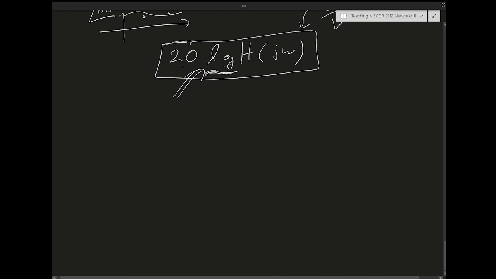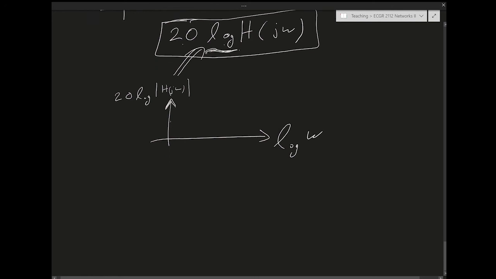So before we continue, the Bode plot consists of plotting this 20 log magnitude of H(j omega). This is for the magnitude. We do a log on the y-axis, but furthermore we also do a log on the x-axis.